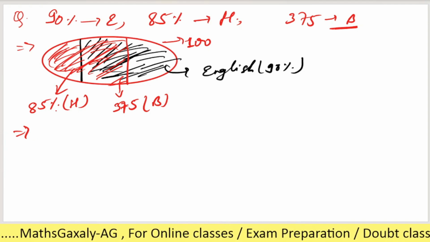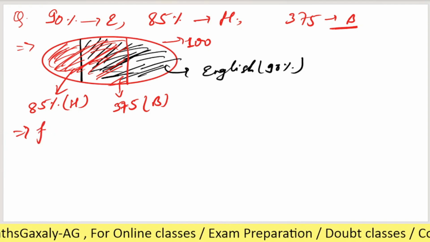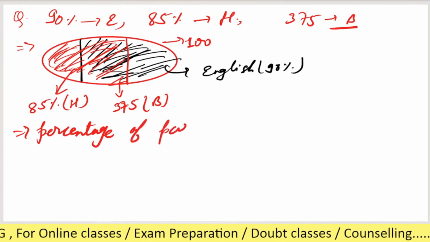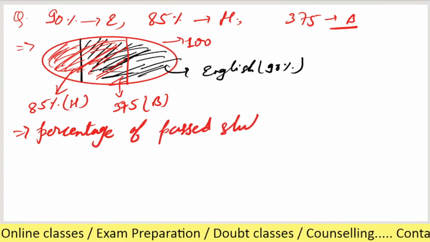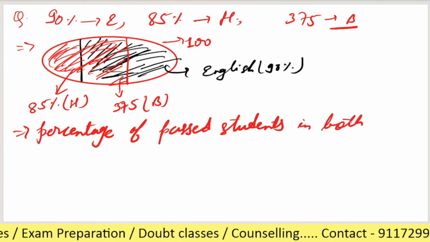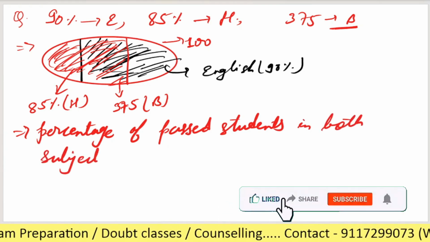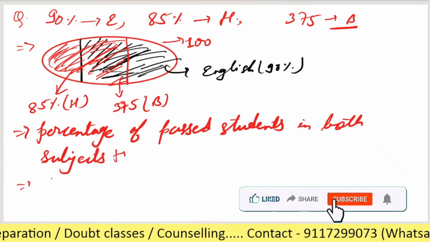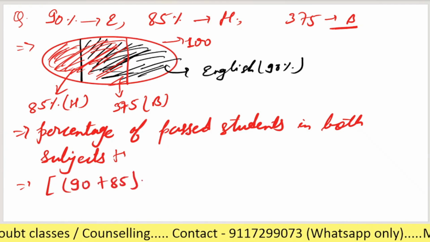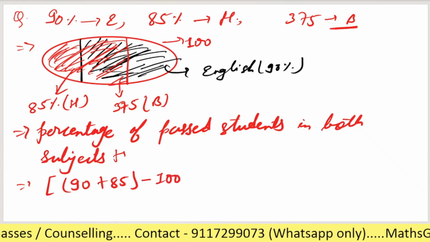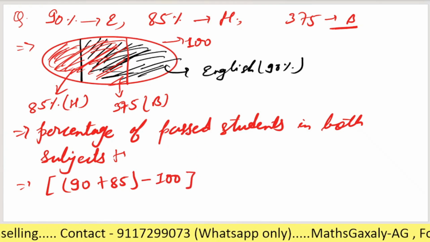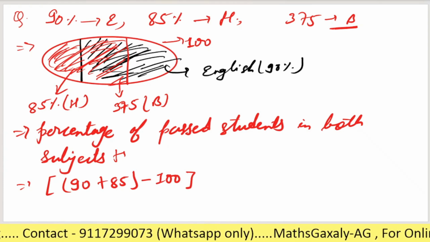The percentage of students who passed in both subjects will be 90 plus 85 minus 100. When we do it, we will get the percentage of students who passed in both subjects, right? Is it clear?